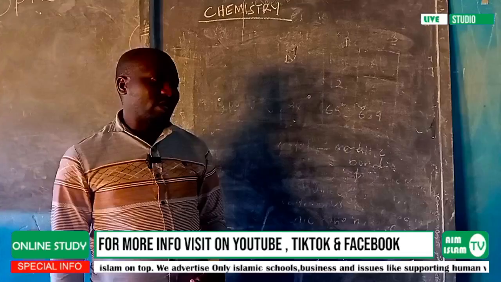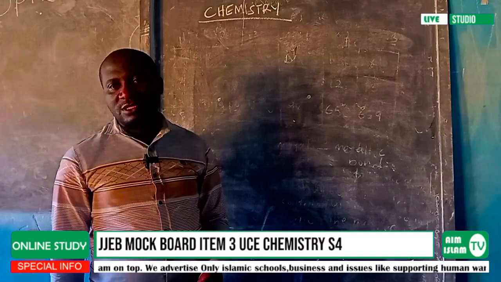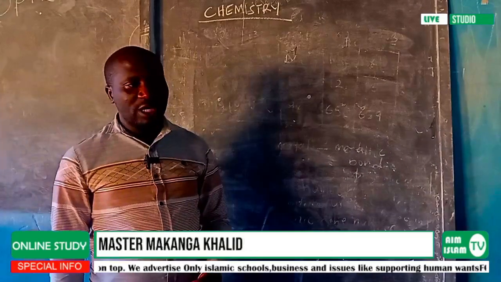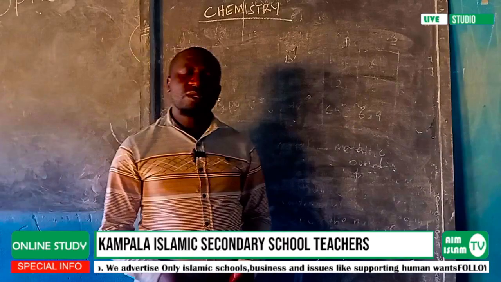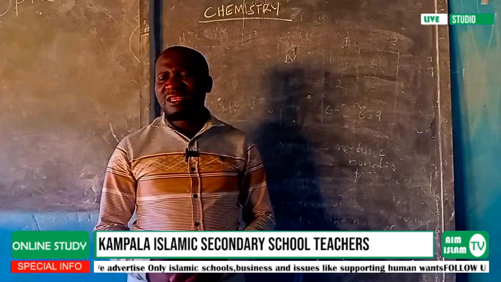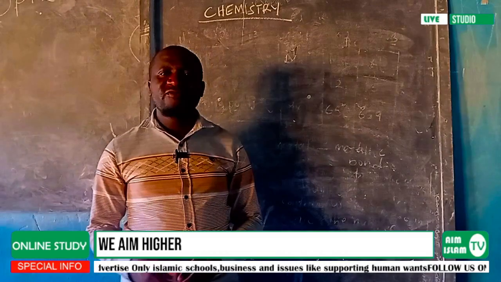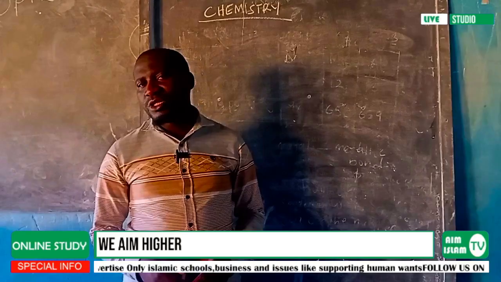The one we are having now is item 3, which is under inorganic chemistry. That item basically concerns the variation of elements across period 3.